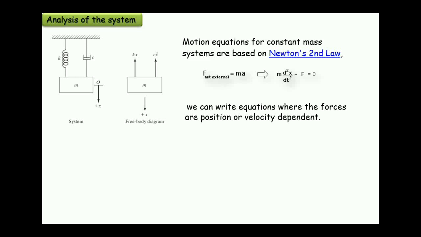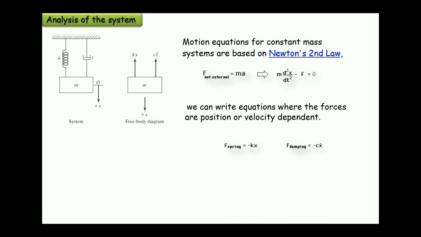Now we can write the equation where the forces are position and velocity dependent. The net external force acting on this mass is a summation of two forces in this particular system, that is kx and c x dot. Here x represents displacement, whereas x dot represents the velocity, that is the differentiation of the displacement.